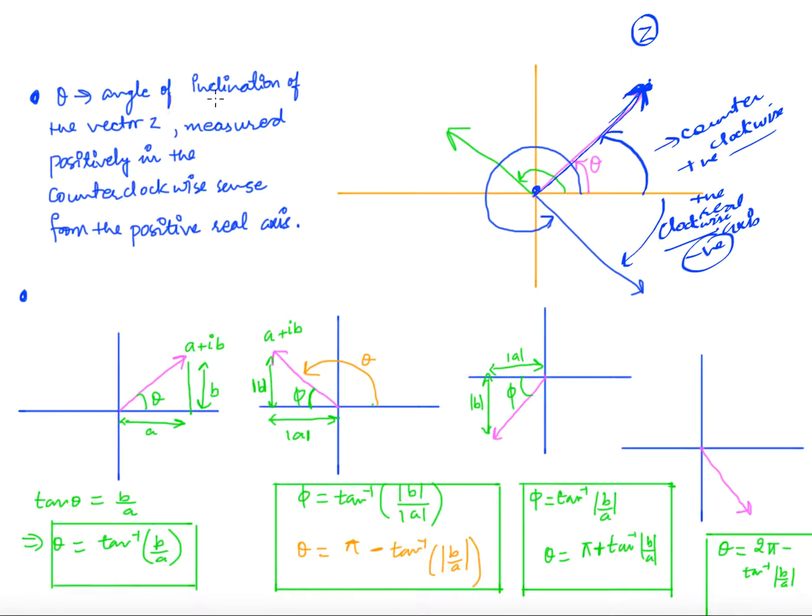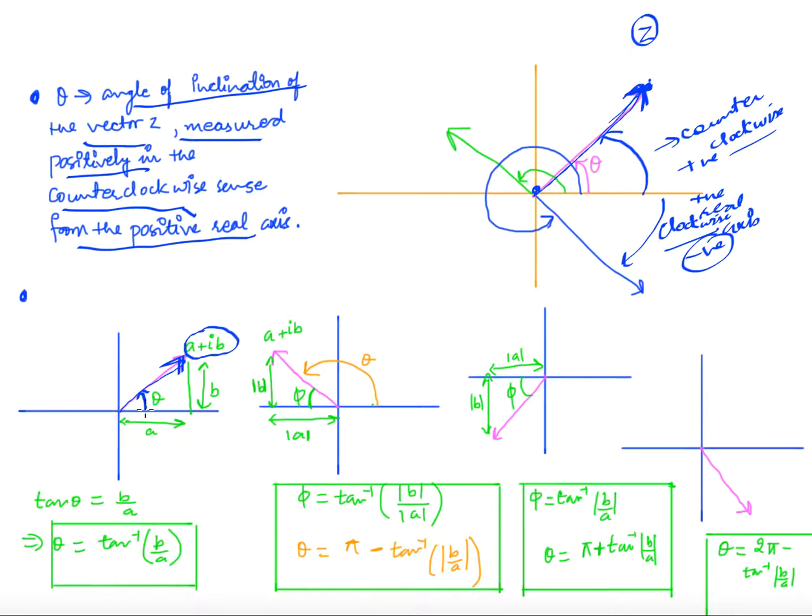So basically, theta is the angle of inclination of the vector z, measured positively in the counterclockwise sense from the positive real axis. For example, suppose you are in the first quadrant and you want to measure in the counterclockwise direction, so you want your theta to be positive. Then this will be your angle. This is your a + ib, a vector which represents your point.